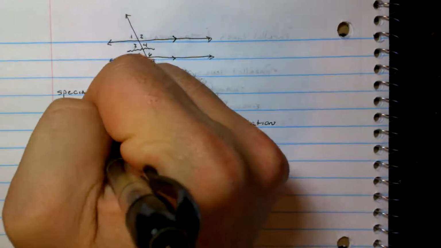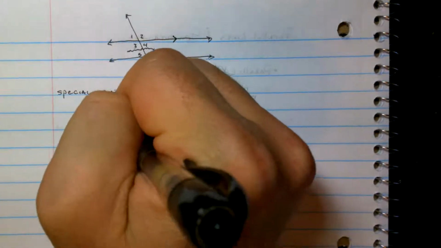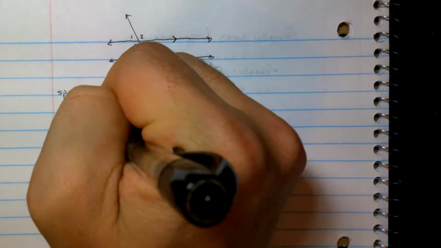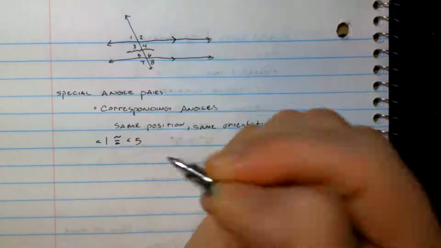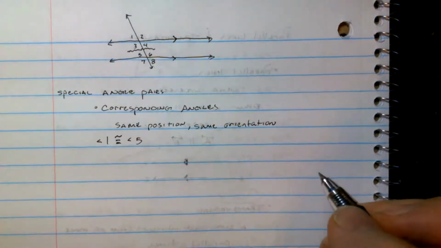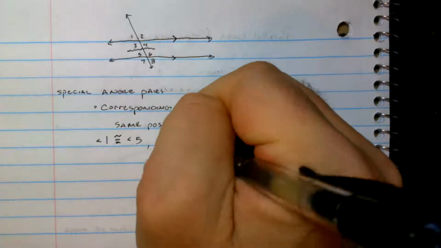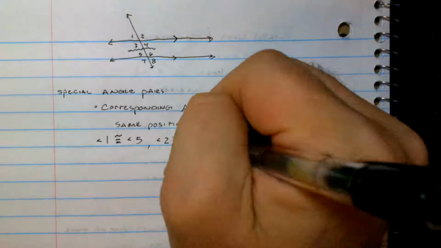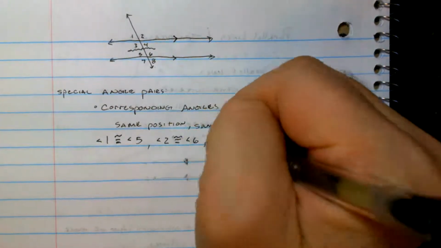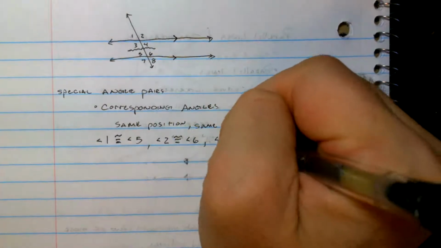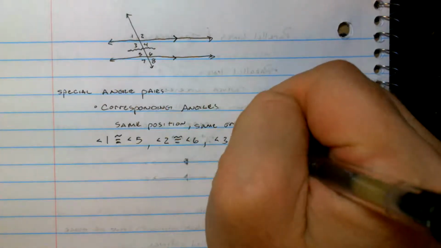So how does that help us? Well, then that allows me to say angle 1 is equal to or congruent to angle 5, and we can add the congruency mark there. Angle 1 is congruent to angle 5. Angle 2 congruent to angle 6. Angle 3 congruent to angle 7.